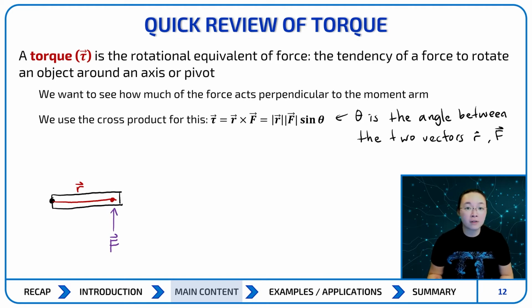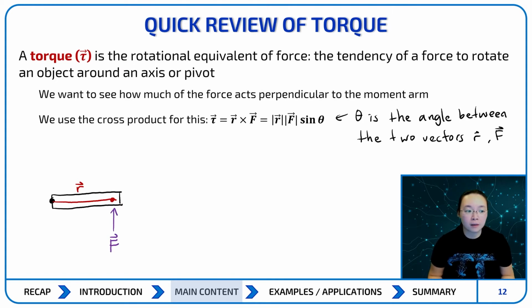If I have sine of 90, it's going to give me 1. So when we talk about torque, it tells me that if I'm applying a force that's directly perpendicular to the moment arm, or R, then I'll get maximum torque and maximum rotation. So here, with the diagram that I've drawn, it makes sense that if I apply a force directly at the door, I'm going to give it maximum torque.